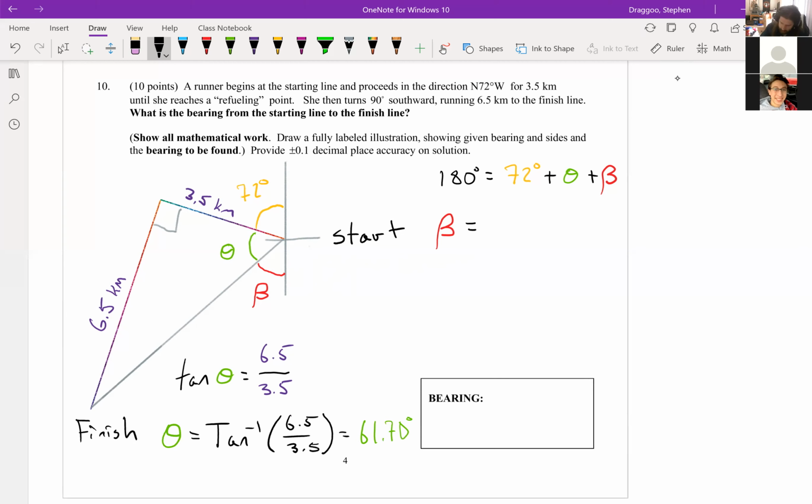We should have that beta is equal to 180 minus 72 minus 61.7.